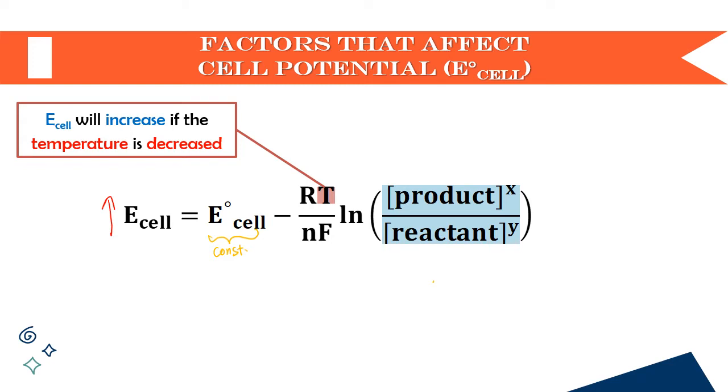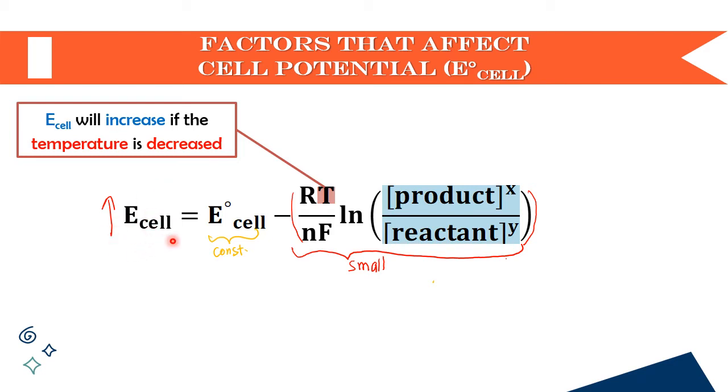To get a high value of E cell, we need to make sure that the total overall value of this part over here must be small, so that we can get the maximum value of E cell.